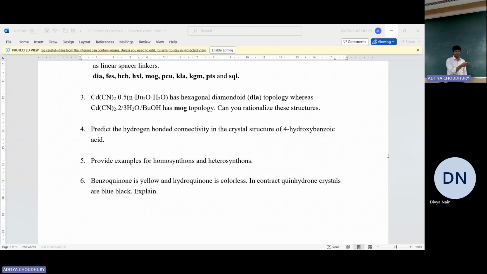Then let's go to the next question, which is going to be the follow-up question, as Sahil was pointing out. Provide different examples for heterosynthesis.